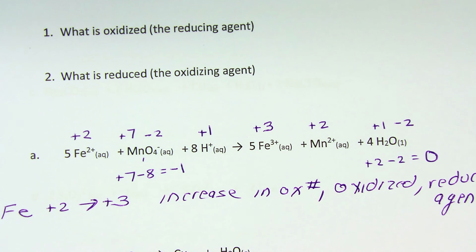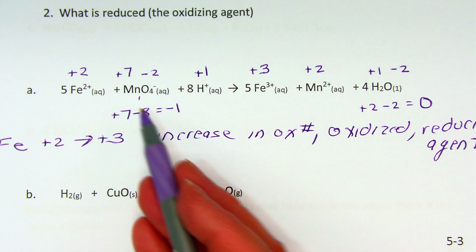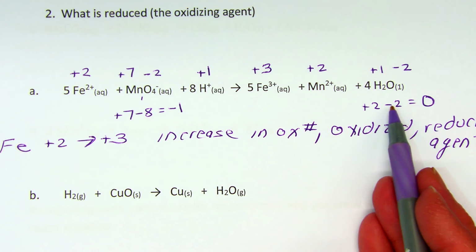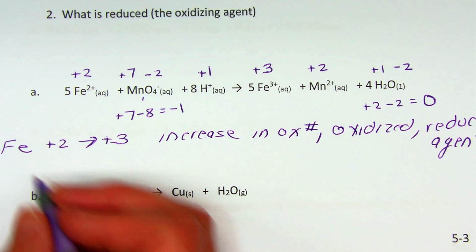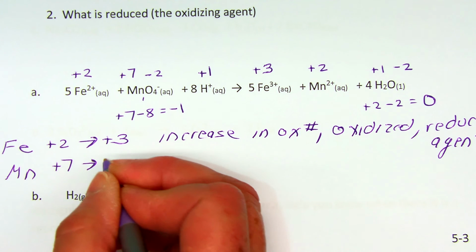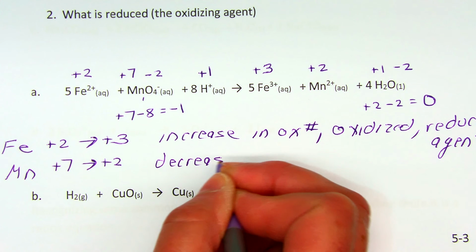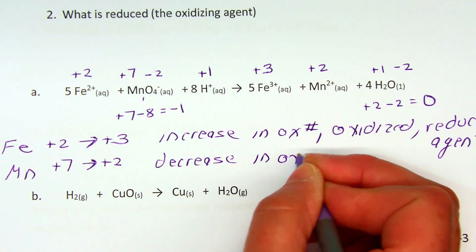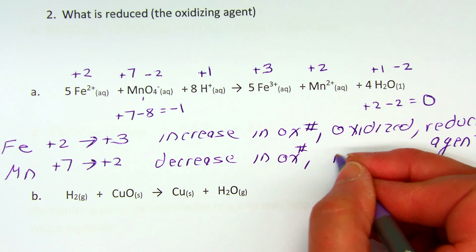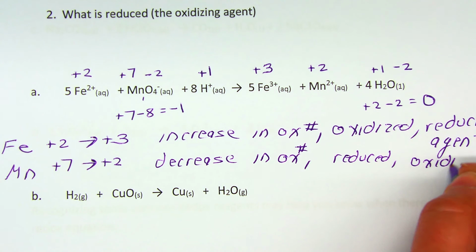Now, what else changed in that chemistry? What else changed here? The manganese. Manganese went from a +7 down to a +2. So that was a decrease in oxidation number, which means the manganese was reduced, so it is the oxidizing agent.